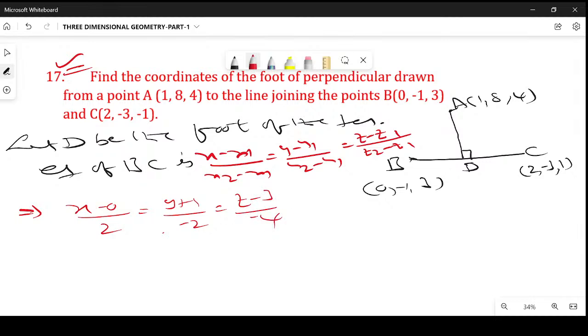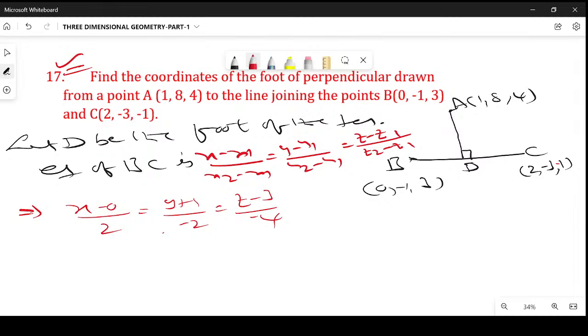It comes like this. You will get y + 1 because the point is given as (2, -3, -1), and the z difference is -1 minus 3, which is -4. We get this equation.